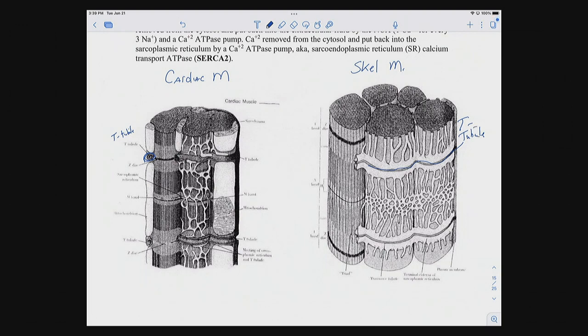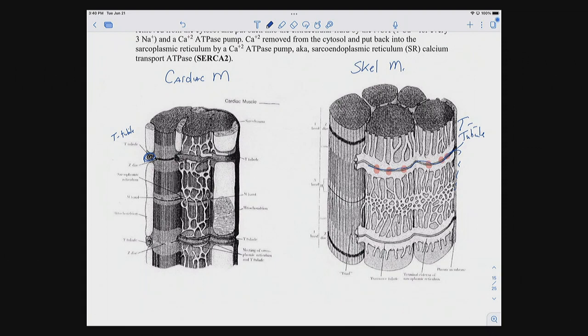Now you will recall how the skeletal muscle worked: you had a depolarization wave going into the T-tubule. Again, it originates on the surface and then goes in. Then you have little dihydropyridine receptors sitting on the T-tubule surface, and as the T-tubule surface depolarizes, it's going to open up those dihydropyridine receptors.